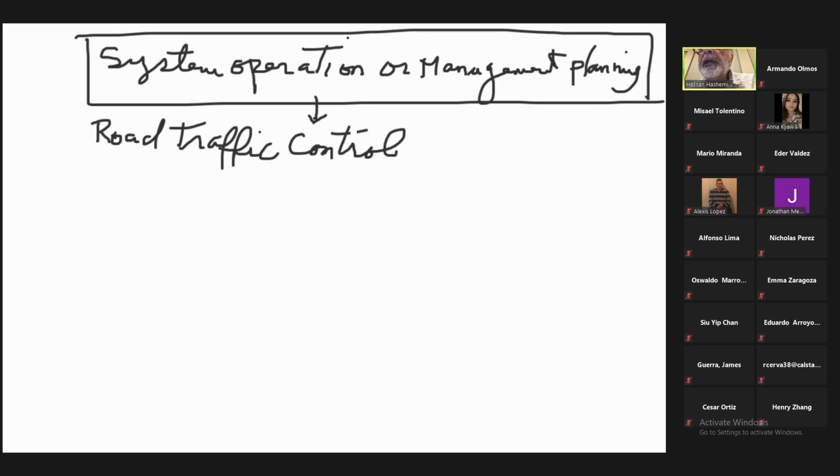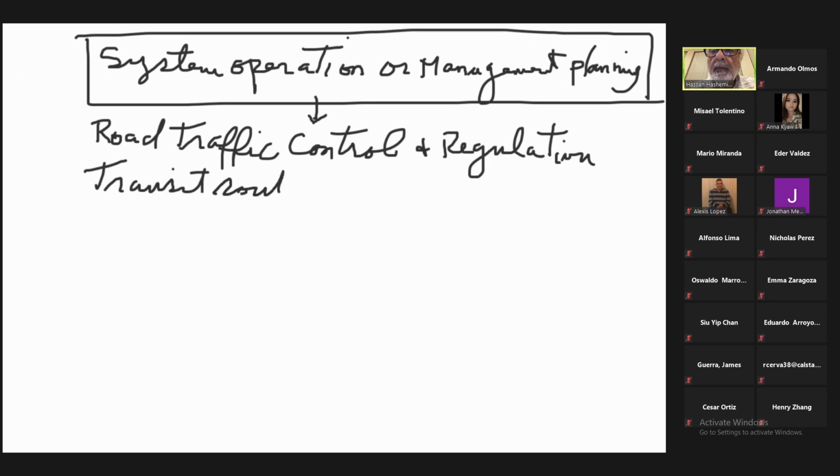So how do we control traffic and regulation? How do we regulate the traffic? Transit route, and schedule, and fares. So these are some of the things you have to do. There's a lot to do in system operation.